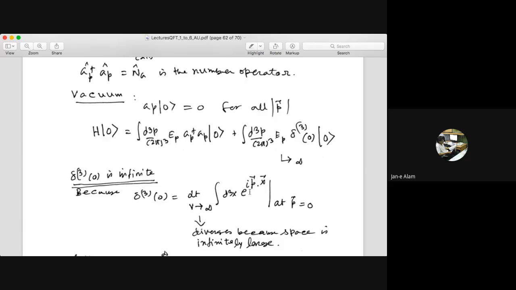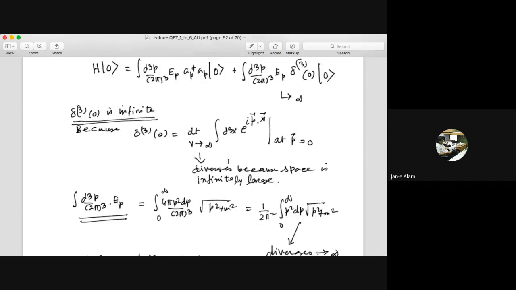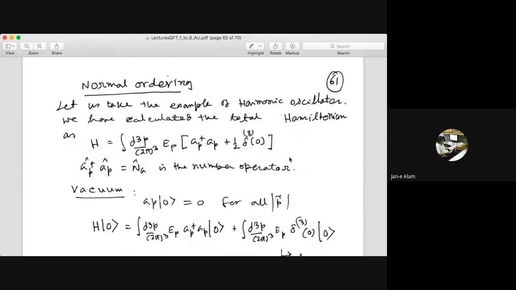Then this just becomes d cube x, which is the volume. So this divergence originates because the space is infinitely large.